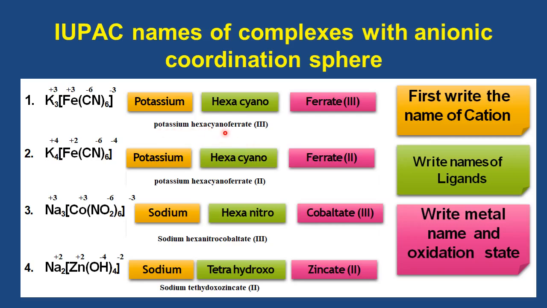Now students, let us look at the next example, which is quite similar to the first one, but you can see the change in the number of atoms of potassium. It is K4[Fe(CN)6]. So we apply the same rules. Write the name of the cation first, which is potassium hexacyanoferrate(II). Now students, the oxidation state of iron in this compound is 2. How is it so?